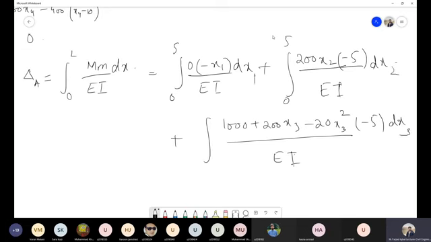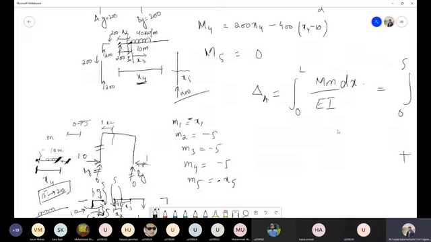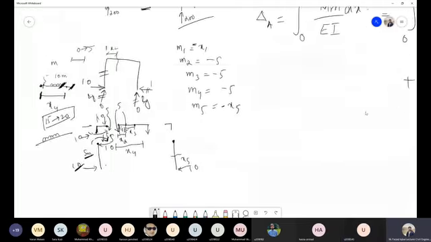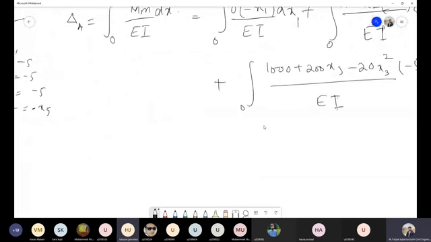So what will be the limits for this one? 0 to 20. Why 20? It will not be 20, it will be 0 to 15. Why 0 to 15?